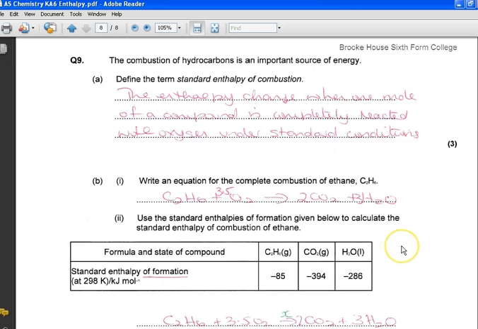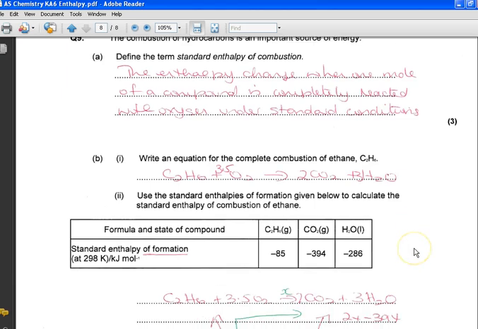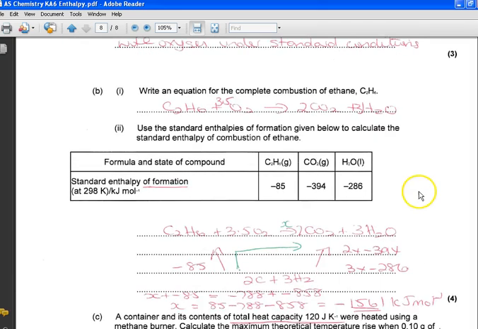Question 9. Okay, again another definition. Obviously you wouldn't get all of these definitions in an exam, maybe 1 or 2. An equation for the complete combustion of ethane, so you need to be able to do that. Very straightforward. When you're combusting a hydrocarbon, you balance the carbons, you balance the hydrogens, and then you go back and balance the oxygen.